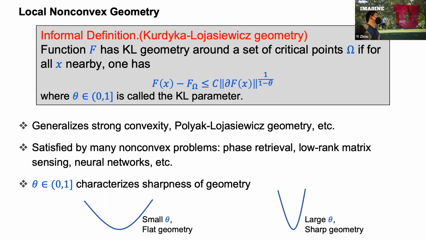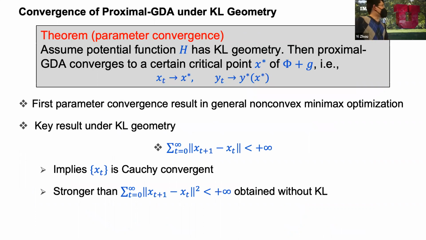In general, non-convex functions do not satisfy global geometries, so we look at the local geometries instead. Under this geometry, we can show a strengthened result where this algorithm has a unique limit point. The parameter sequence converges to a single unique limit point, which is also a critical point of this minimax problem.